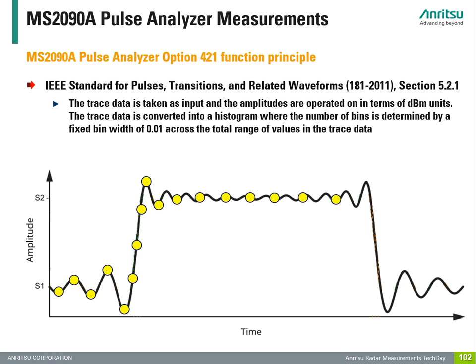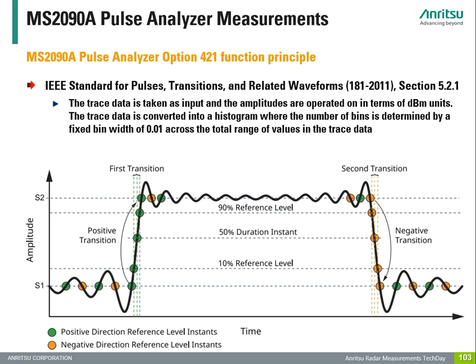In other words, each trace point amplitude results in an incremented count in the histogram bin that corresponds to the amplitude range in which that amplitude falls. The best case resolution of the resulting amplitude can be as low as 0.01 dBm and depends on how much the overall level fluctuates.